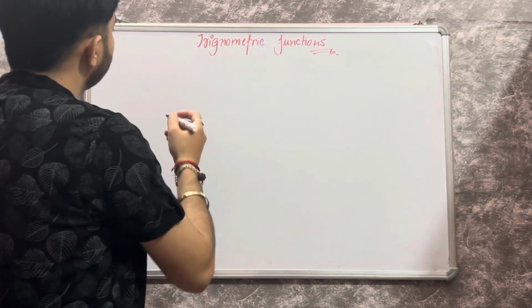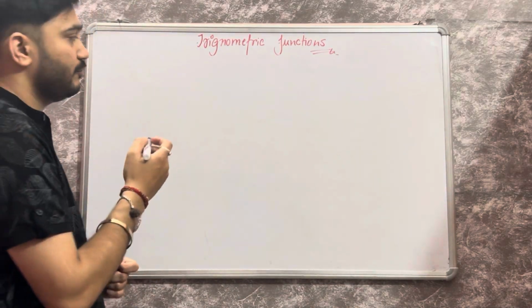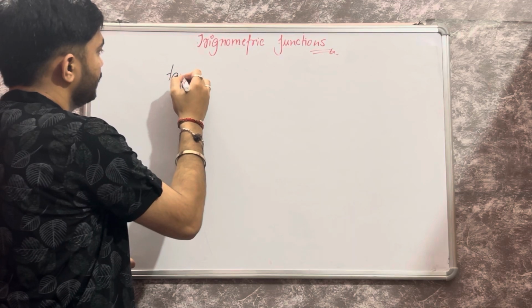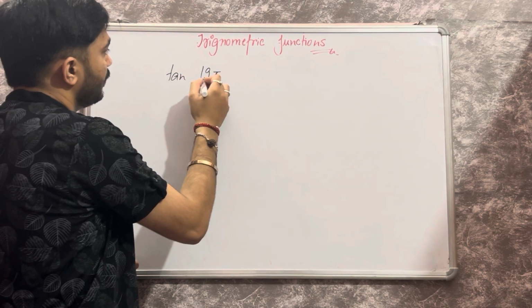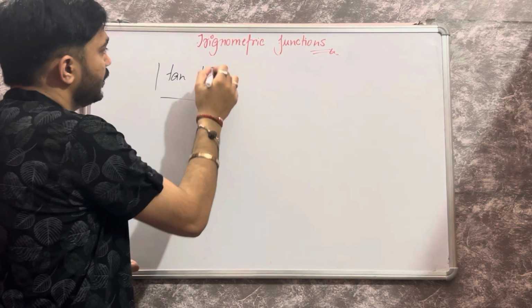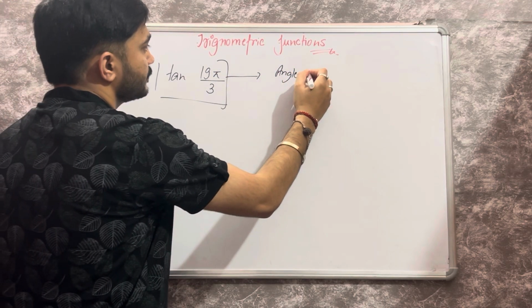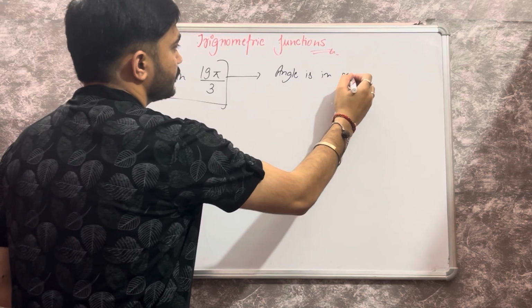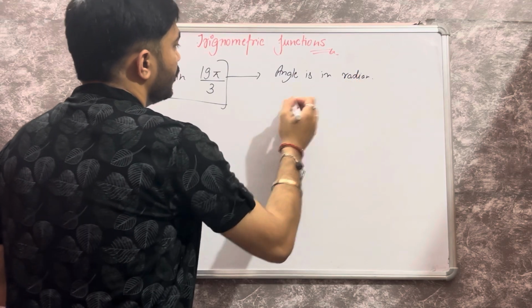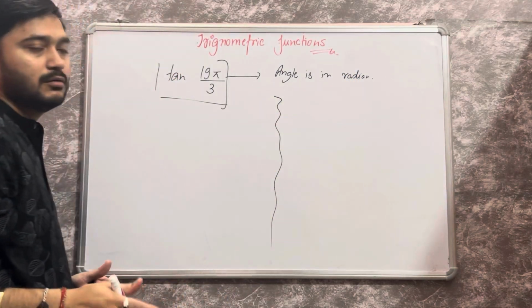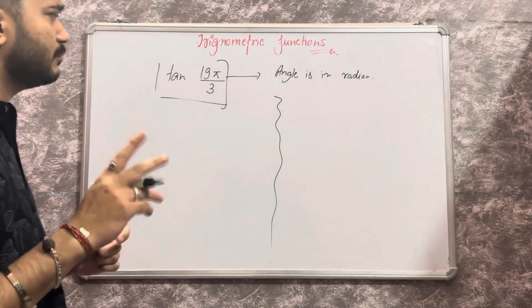Let us have a look at the question before we proceed: tan 19 pi by 3. Here the angle is in radians. You can solve this question in two ways.